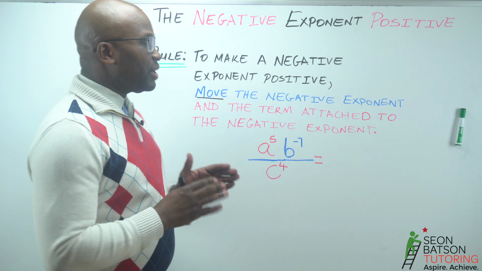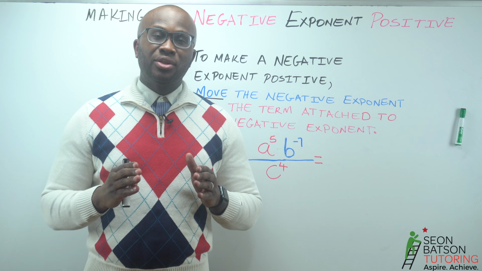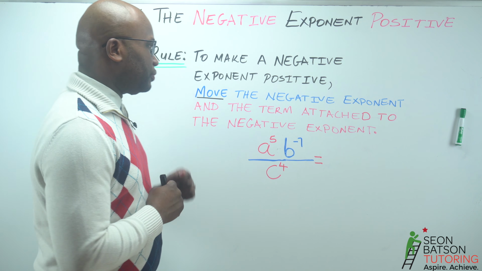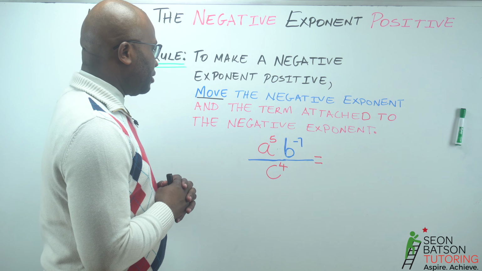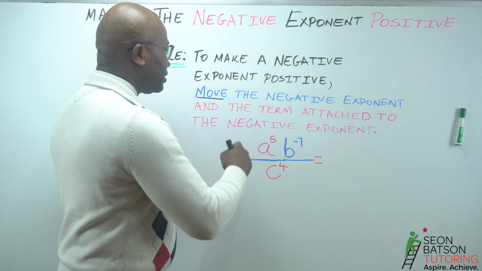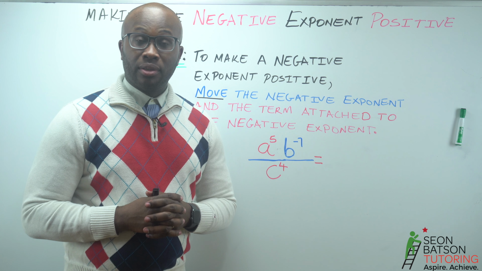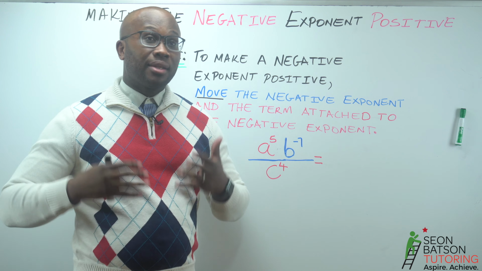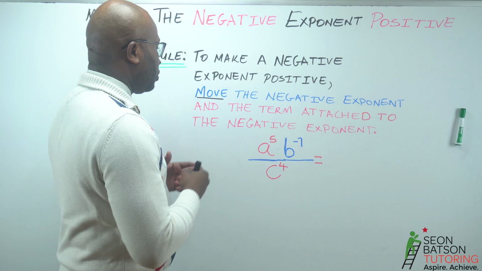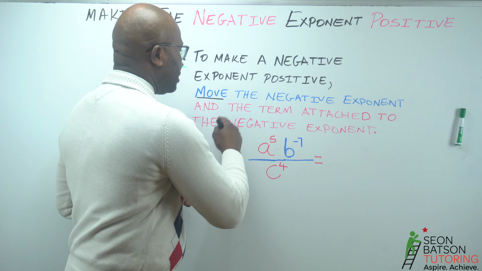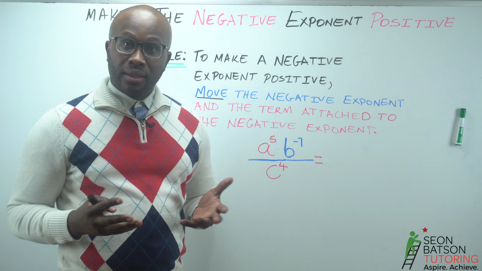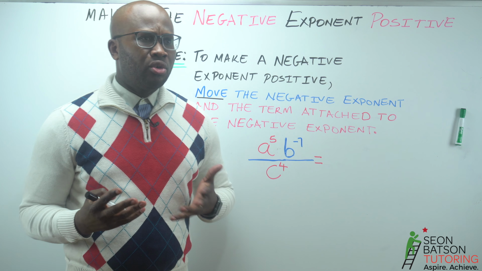To make the negative exponent positive, I will teach you a very simple rule. Here is the rule. To make a negative exponent positive, we will simply move the negative exponent and the term attached to the negative exponent. That's it. It's that simple. Well, you might be asking, move where?